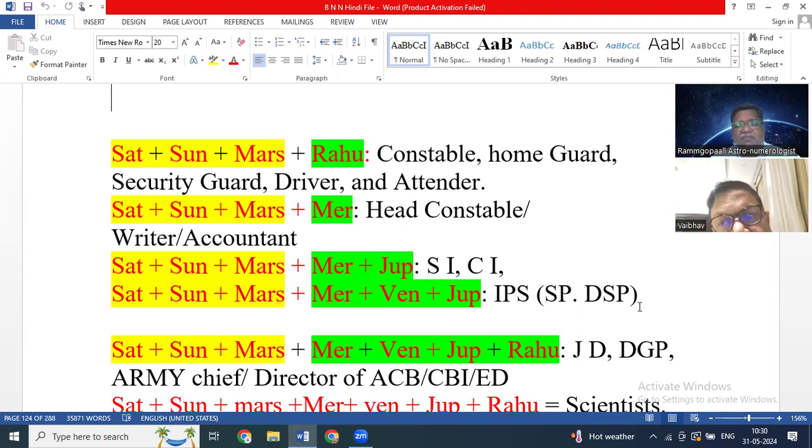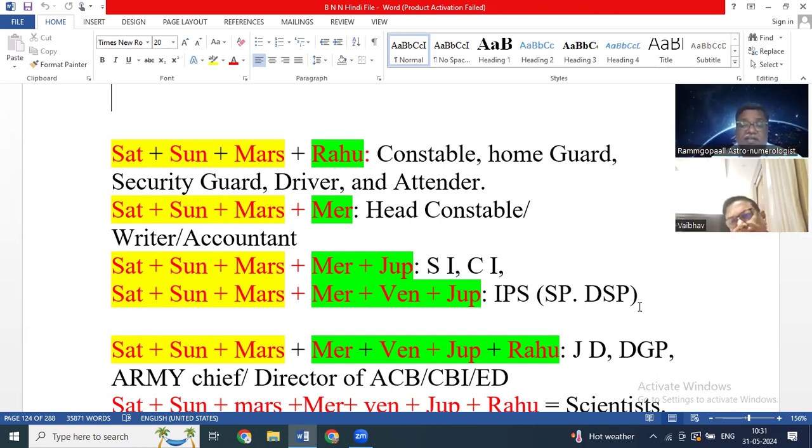Why are we taking him here? Rahu has other Karakatvas also. Rahu means investigative mind. Rahu is invention. Rahu is discovery. So that's why when Rahu is with the education planets like Mercury, Venus, and Jupiter, automatically the native will have investigative mind and he will discover something, he will invent something.